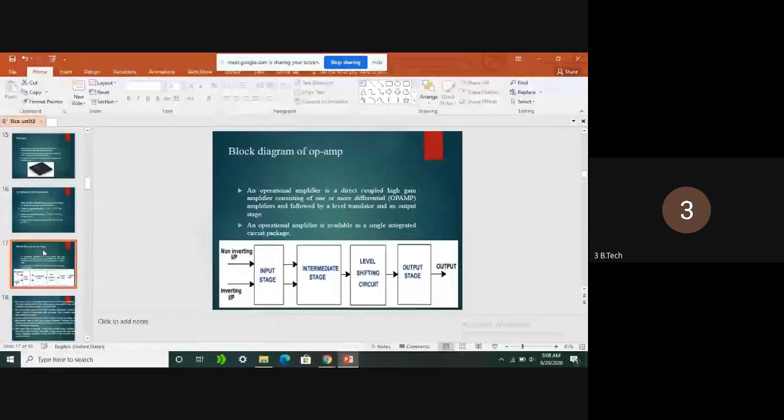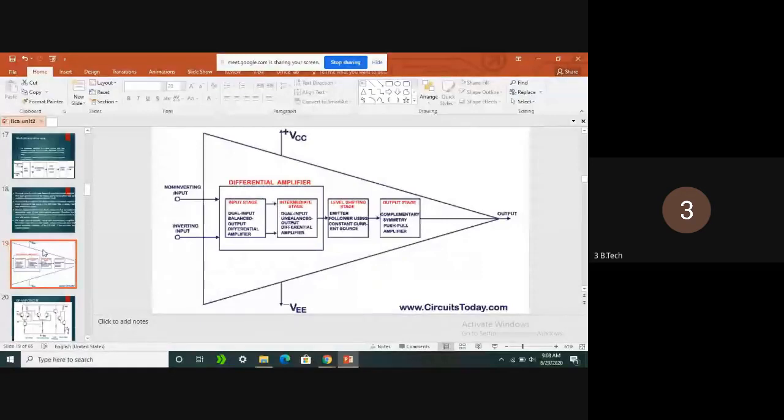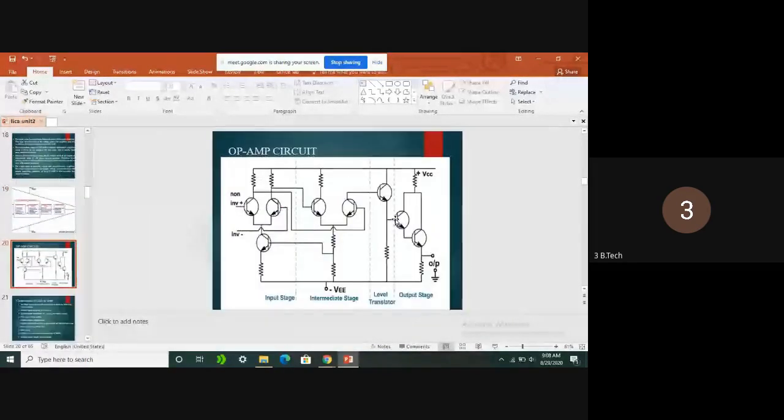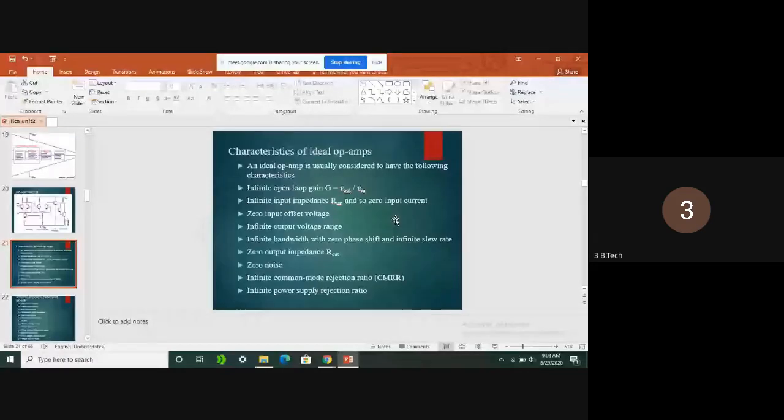And how the block diagram of the operational amplifier will be, and each and every stage we have seen, what are the different types of amplifiers and how we can use them, and we also clearly discussed that. And this is the circuit diagram for the op-amp, and these are the characteristics we have explained very clearly, each and every characteristic in yesterday's session.